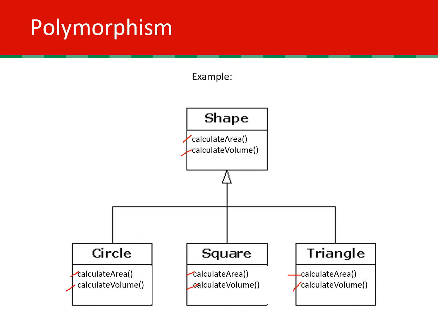If you still remember, when you want to calculate the area of a circle, the formula is different compared to a square. This method basically does the same thing, which is calculate area, but the one in circle has a different formula, the one in square has a different formula, and the one in the triangle class has a different formula. The name is the same, but the implementation, the code inside it, is different.